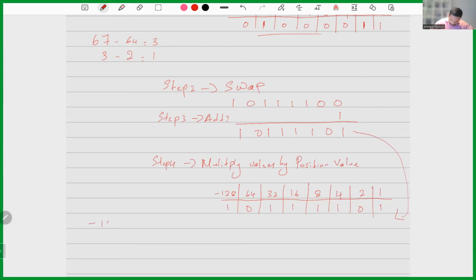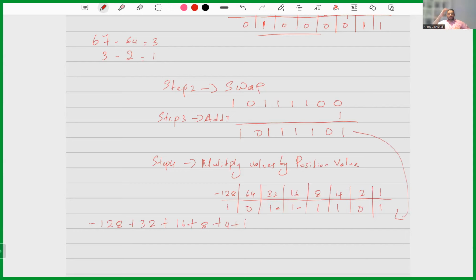So minus 128 plus 32 plus 16 plus 8 plus 4 plus 1. When you take minus 128, you start from minus 128.